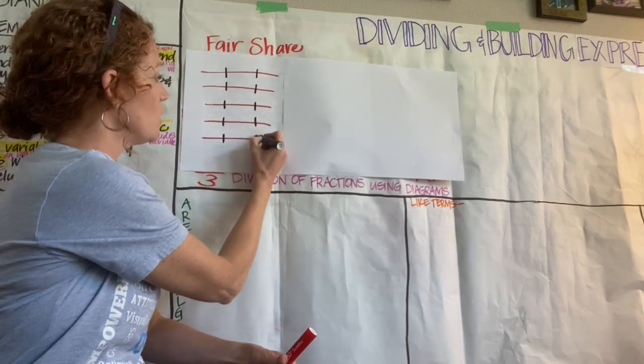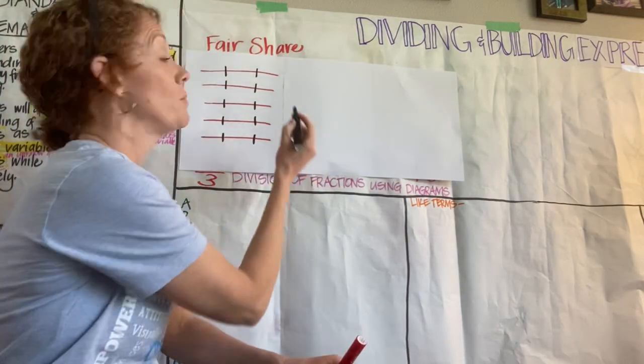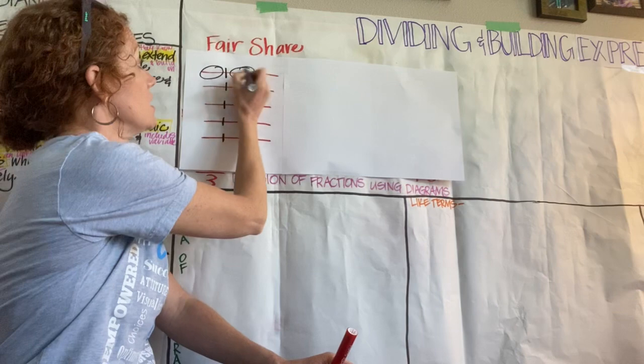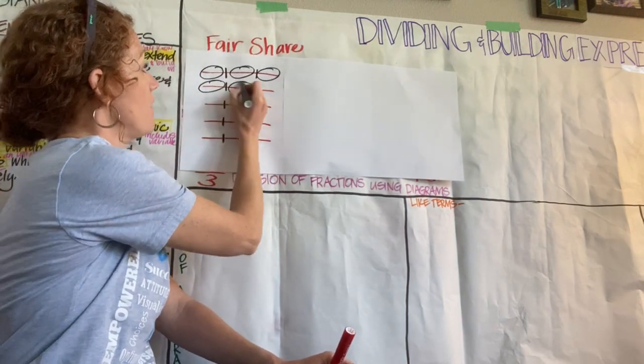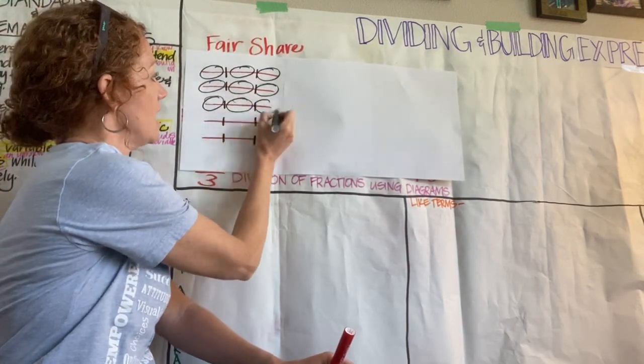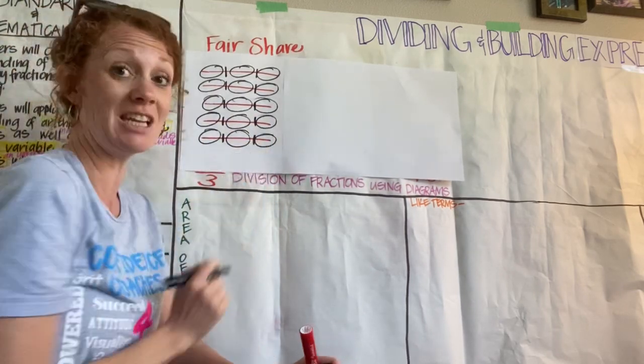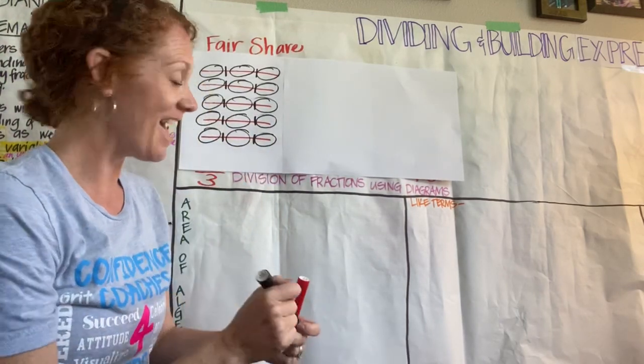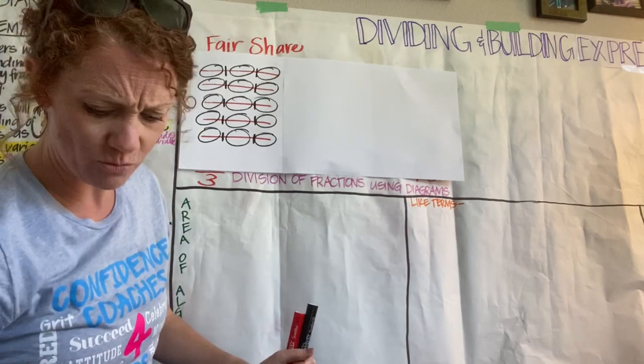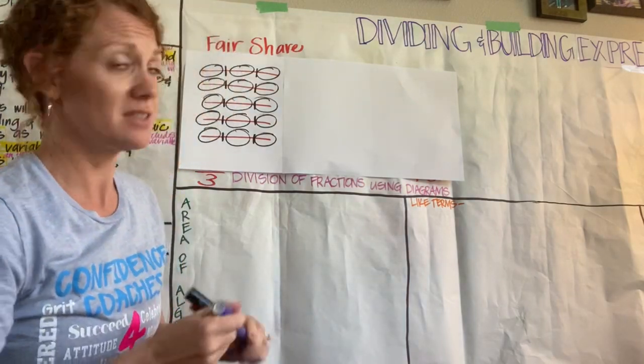And she said, when you do that, Mom, that gives us 15 equal pieces of licorice. 1, 2, 3, 4, 5, 6, 7, 8, 9, 10, 11, 12, 13, 14, 15, okay? And then she said, so then we each get 5 of those.